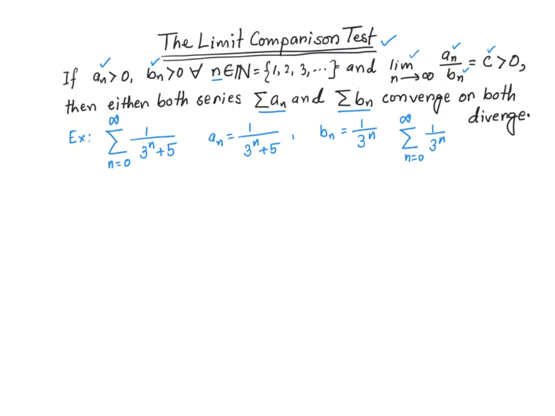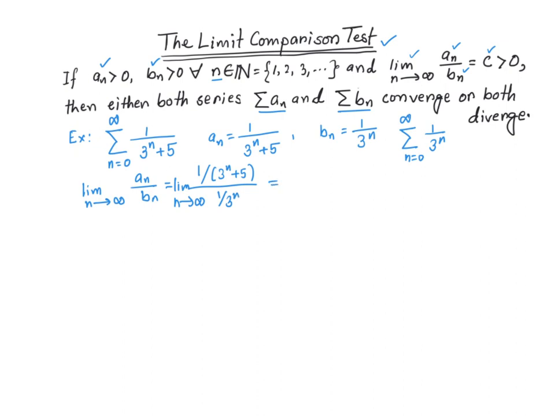Now let's go ahead and take the limit of a_n over b_n, okay? So the limit as n approaches infinity of a_n over b_n is equal to 1 divided by 3 to the power n plus 5, all of it divided by 1 over 3 to the power n, okay?